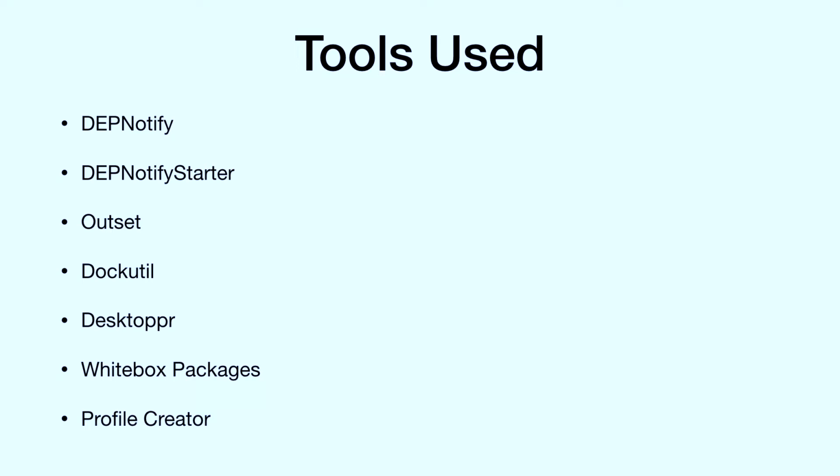Outset basically runs a couple of different ways, but you can run something at login, you can run it once at login, you can run things at boot, and you can run them privileged that way as well. So they run as root. What we do is we have things run as the user, and we have scripts that do things like they use Desktopper, which is a super simple little script that will set a desktop background, which doesn't pop up any of those warnings that Mojave gets that says this application wants to control this.